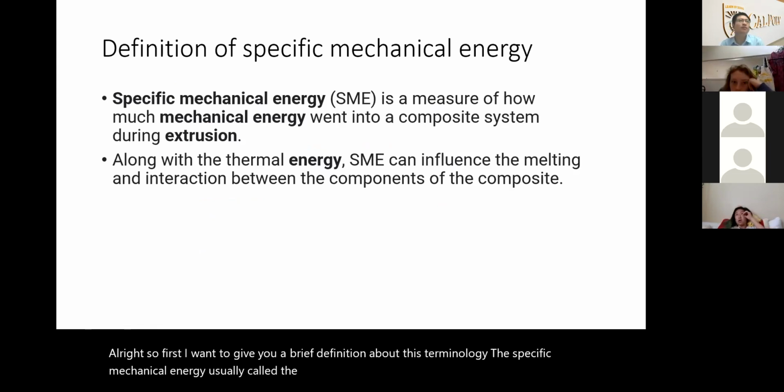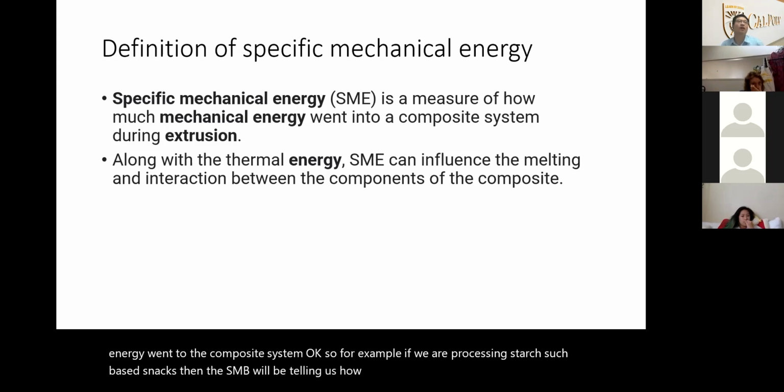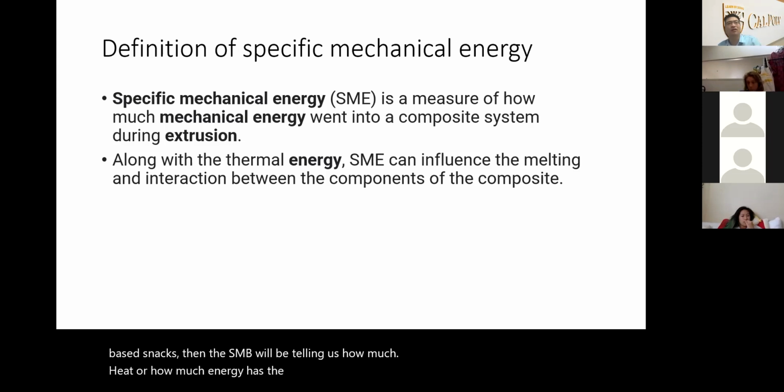SME is a measure of how much mechanical energy went into the system. For example, if we are processing starch-based snacks, then the SME tells us how much heat or energy the starch has absorbed in order to be cooked, right?